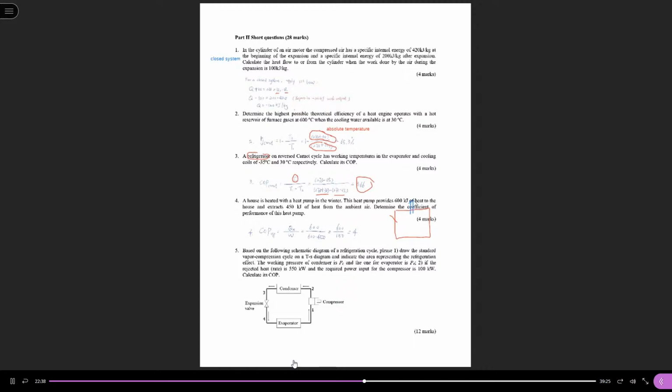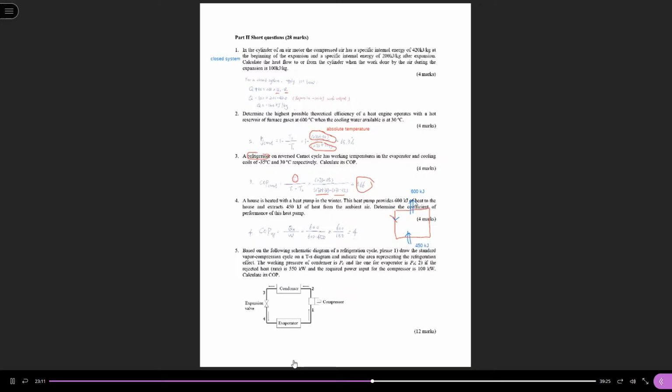Okay, so here is 600 kilojoule. And then we find the extract heat kilojoule.